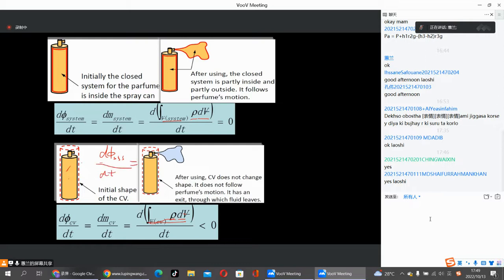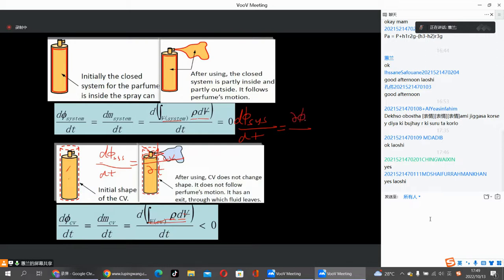And so for this system, we have two parts. One is what happened inside the spray can, right? Some stay inside. Sorry, I write down here: for the system, the mass should equal two parts.